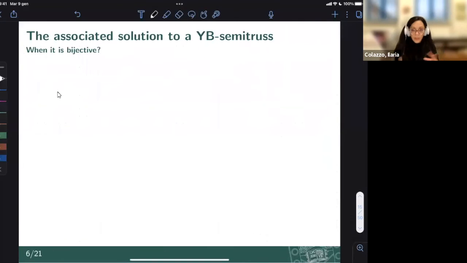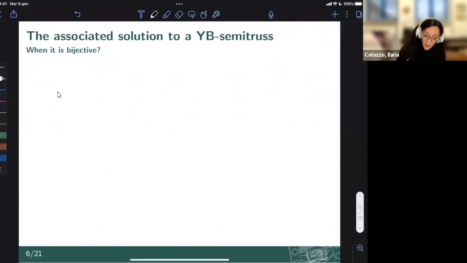So with this relation between the map R and the map S, we can answer the question of when a solution associated to a Yang-Baxter semitruss is bijective.